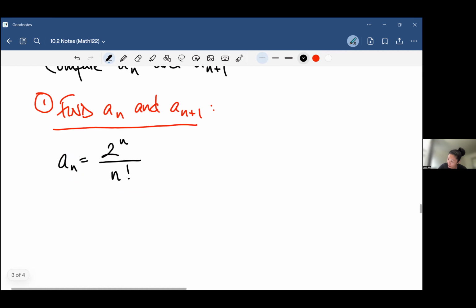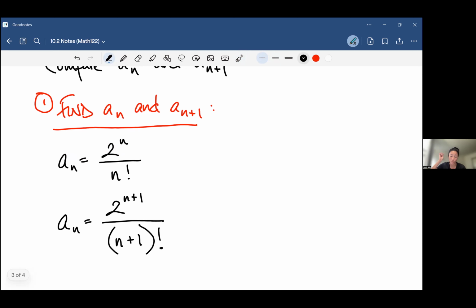And here's how we do that. Everywhere we see an n, we are going to replace it with an n plus 1. So a sub n plus 1 equals 2 to the n plus 1 over, now I want it to be n plus 1 factorial, so it's going to be n plus 1 in parentheses, and then the factorial.